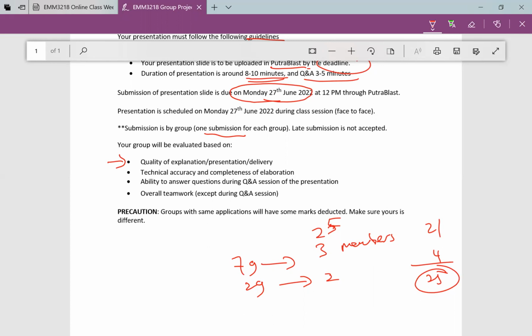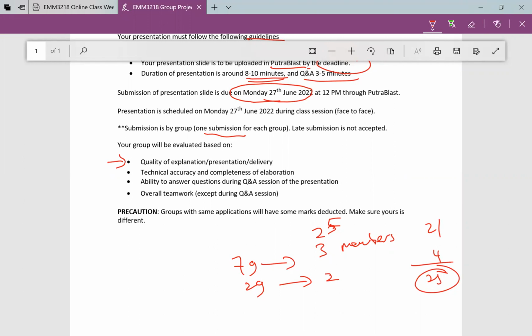And then 4 is teamwork. I will assess teamwork based on how you present. So make sure everyone presents during the presentation session. But during Q&A, you cannot have teamwork. If I ask that question to student A, then student A needs to answer without students B and C giving the answer.